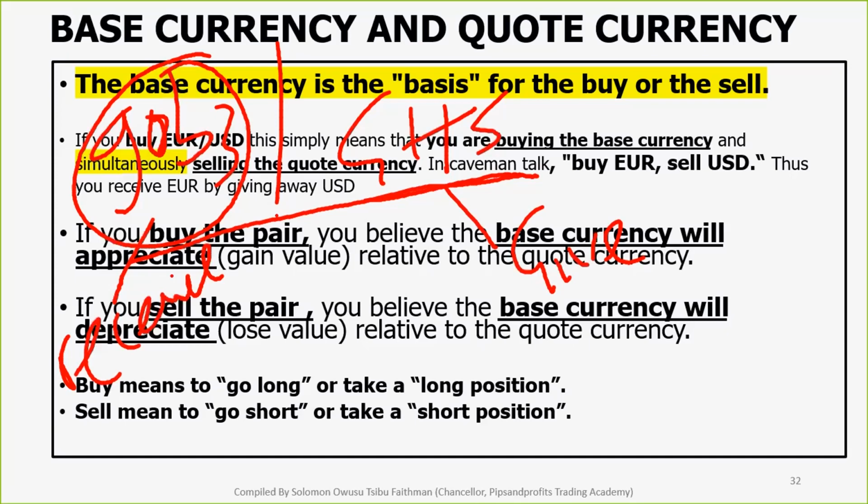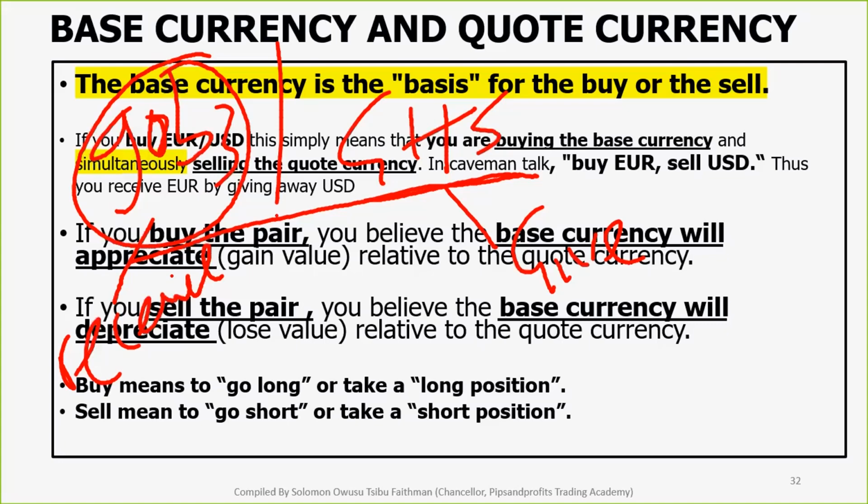So anytime you are buying, it means you are buying the base currency, and here the base commodity we have is Gobe, and you are buying it with the quote currency or quote commodity, and here the quote is Ghana cedi.